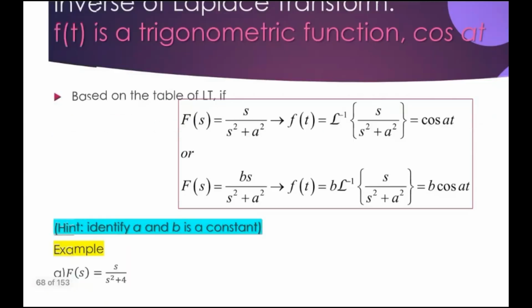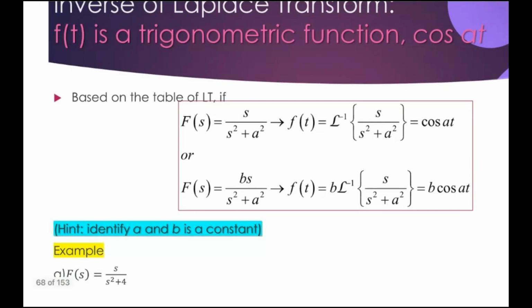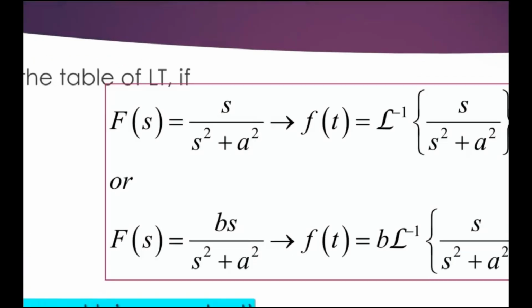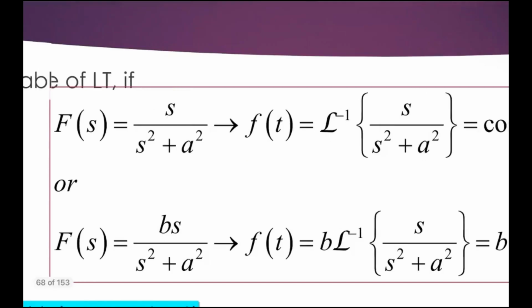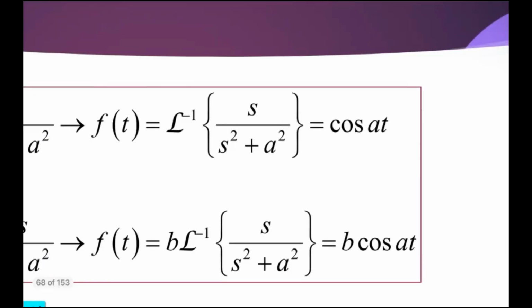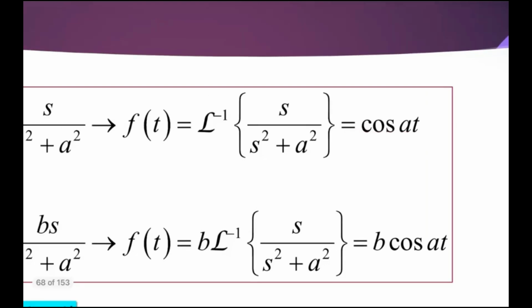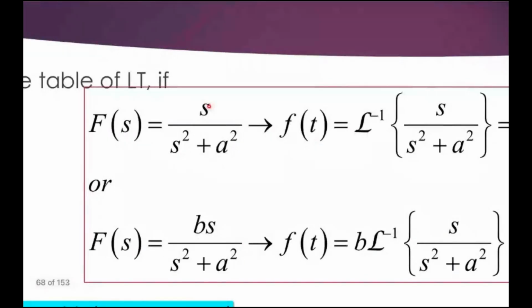Okay, now let's see another function. Just now we had a constant in the numerator. Now you have a function, a variable s. So by referring to the table, if we have s over s squared plus a squared, you can obtain from the table that this is equal to cos at. But sometimes you don't have just s here.